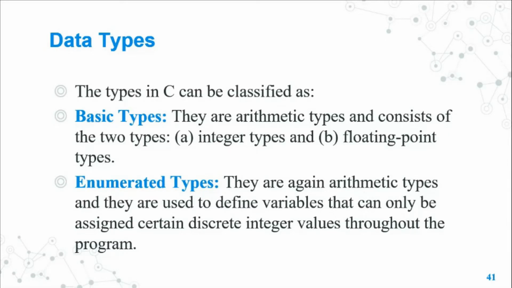That is, if you define a specific variable as an enumerated type, then you can only assign specific values to that variable. No other value outside that enumerated type can be assigned to it. That is the condition. That also we will see.